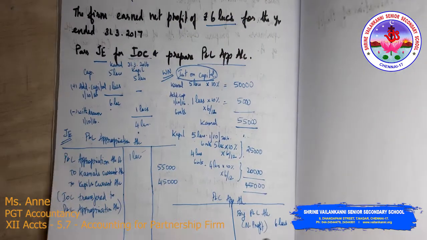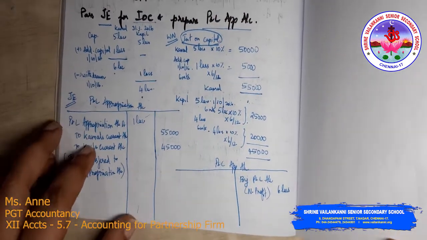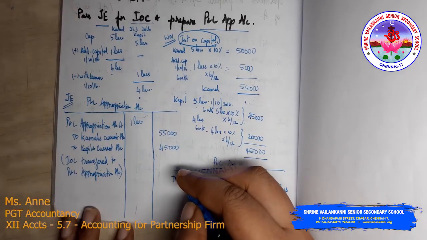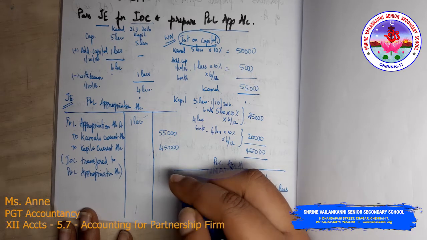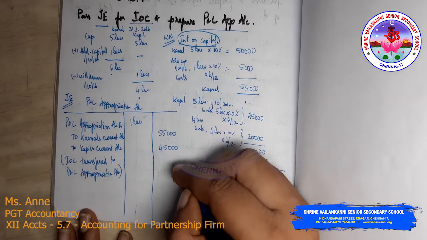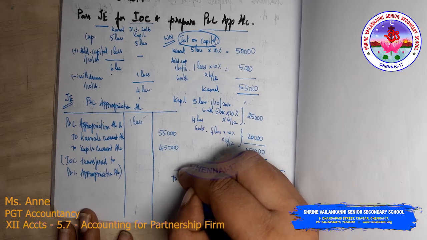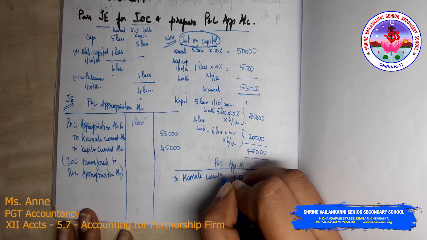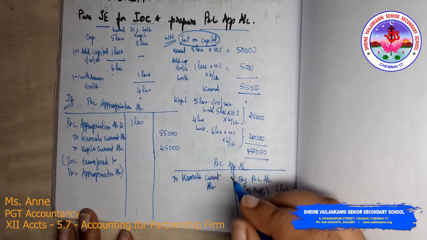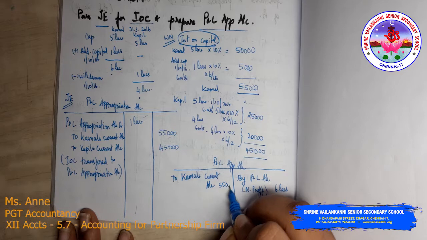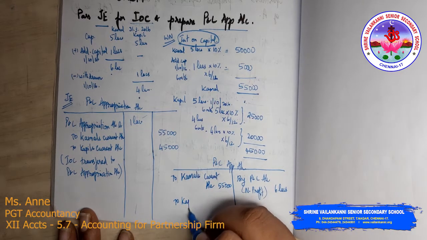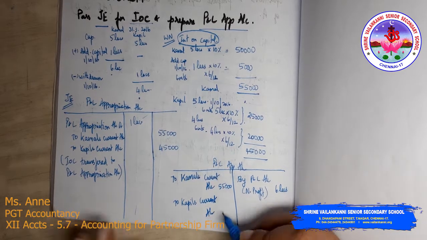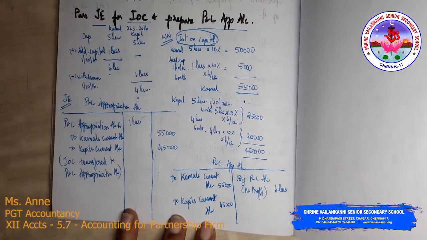On the debit side, to interest on capital, Kamal's current account, that is 55,000, to Kapil's current account, that is 45,000.